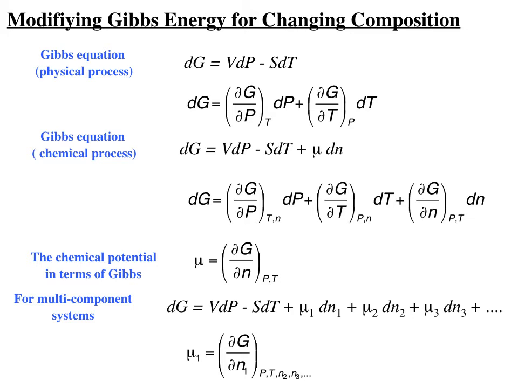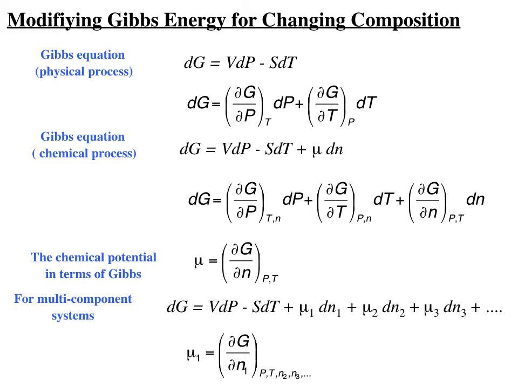So now, on the third line, I'm going to introduce change in composition by putting a fudge factor, again named mu, times the change in composition that the material undergoes. So I just modify the fundamental equation to include change in the composition of the material that I'm using. I'm now doing the fundamental equation for chemical change.